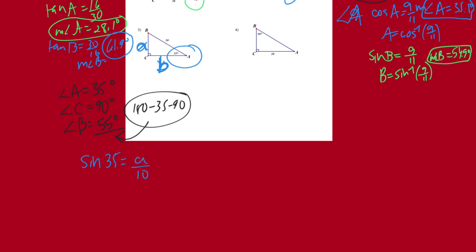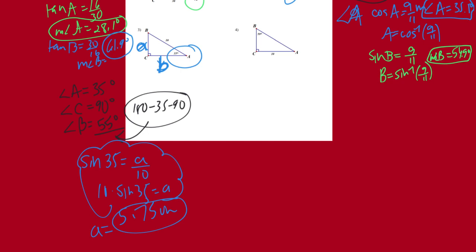To solve that, you multiply both sides by 10. So 10 times the sine of 35 gives us the measure of side A, which is 5.75 units.